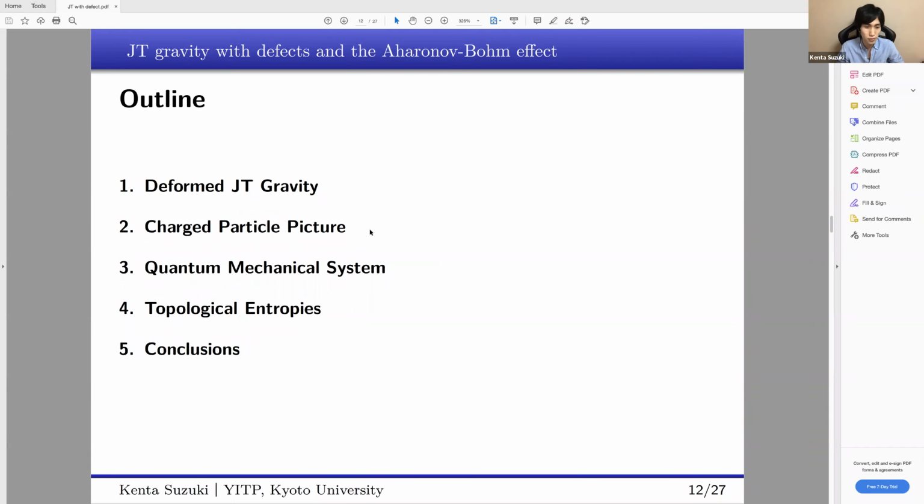Next, I will try to explain how such JT gravity can be written in terms of a standard quantum mechanical system of a charged particle with a background magnetic field. Then we solve such a quantum mechanical system. Finally, we will also discuss some topological entanglement entropy, and then some conclusions.